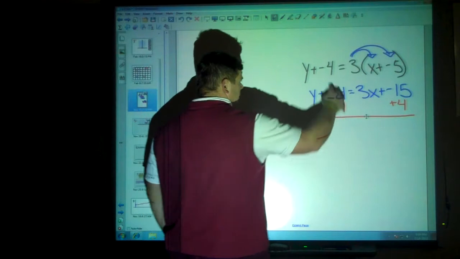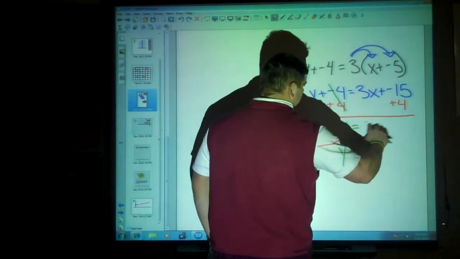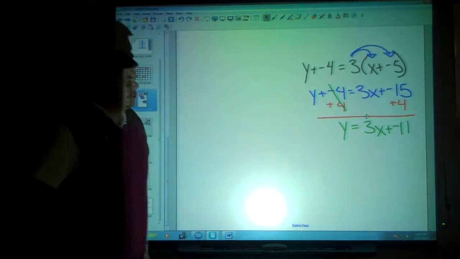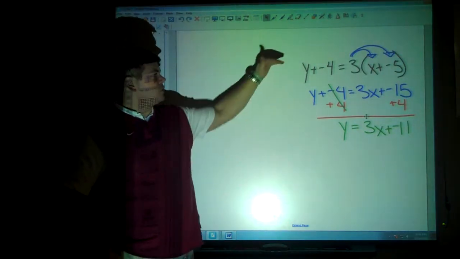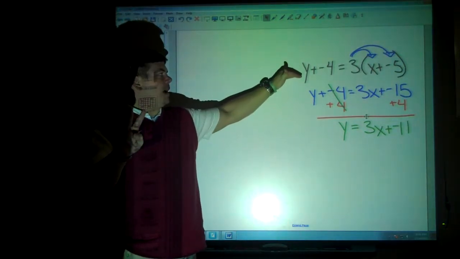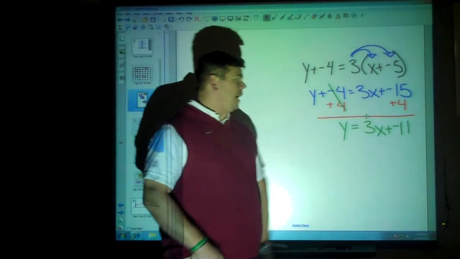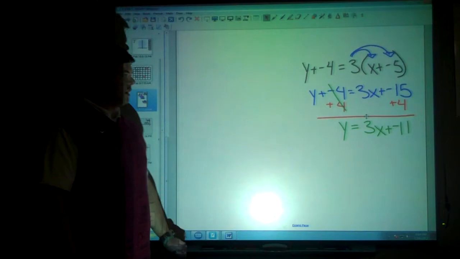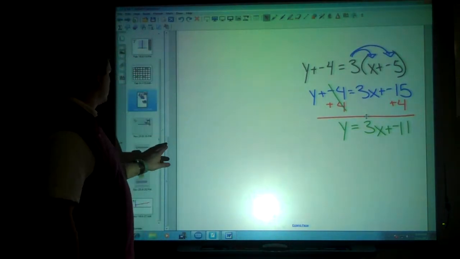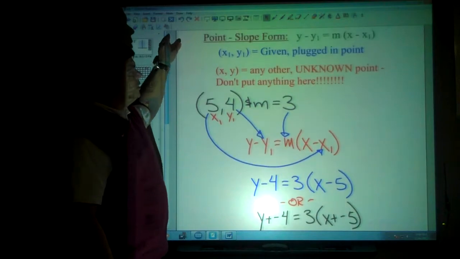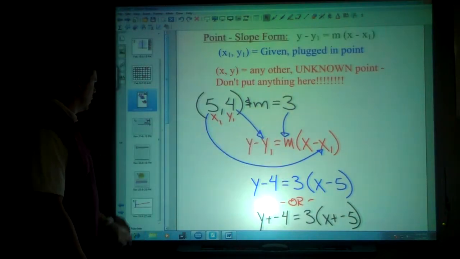And you will have your good old friend slope-intercept form. So point-slope form is 2 steps away, a distributive property and a shuffle, from having y alone and being y equals mx plus b. So there's some absolute relationships between the two. But right now, we're just going to concentrate on using point-slope form.